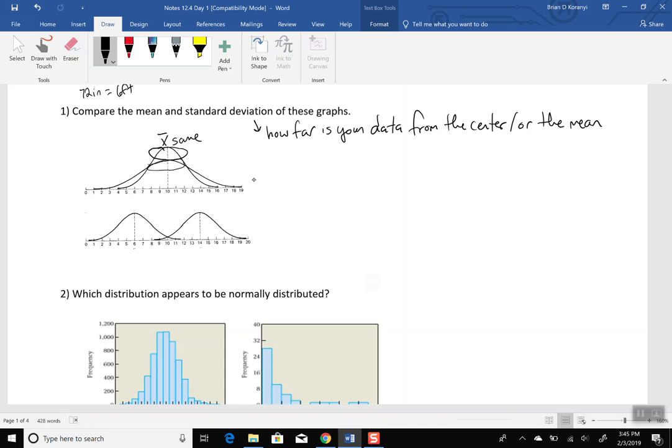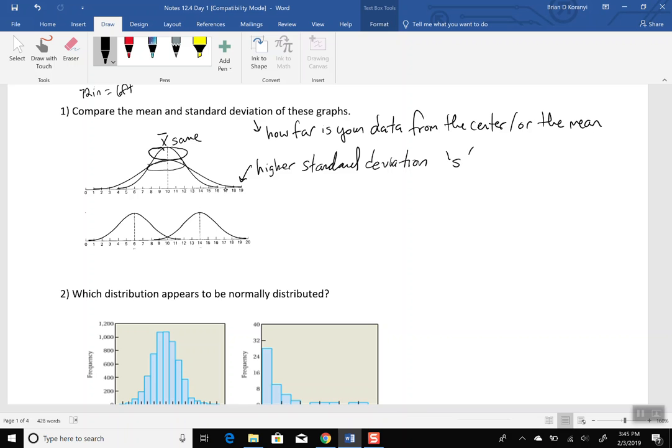So this graph here has a higher standard deviation, or what I'll just call S. Its data deviates more, has a higher deviation. So let's say the deviation is like 3 from your average. To get 68% of your data, I might have to go to 13 and 7 or whatever it might be.